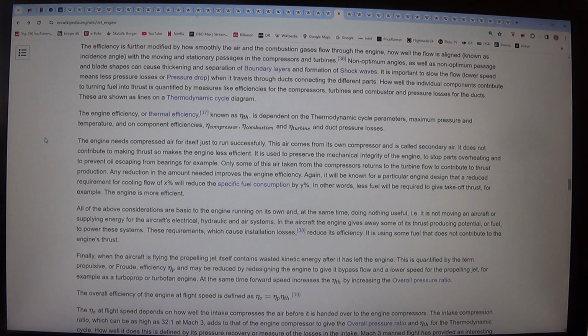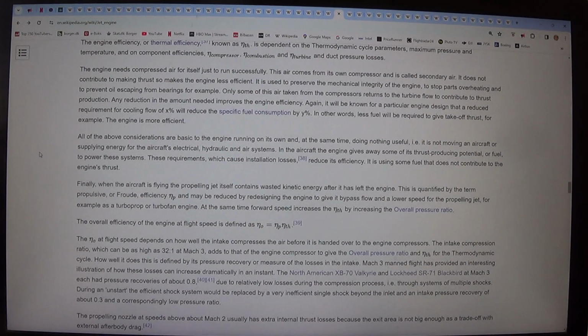The engine efficiency, or thermal efficiency, known as eta sub Th, is dependent on the thermodynamic cycle parameters, maximum pressure and temperature, and on component efficiencies, eta sub COMPRESSOR, eta sub COMBUSTION, and eta sub TURBINE, and duct pressure losses.